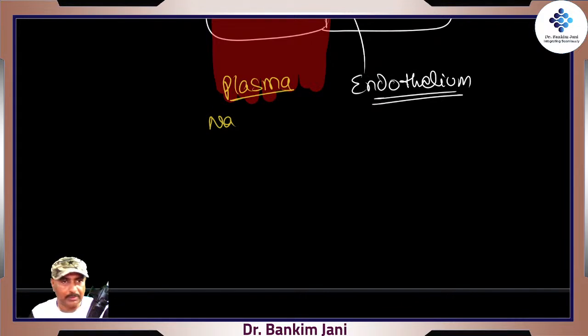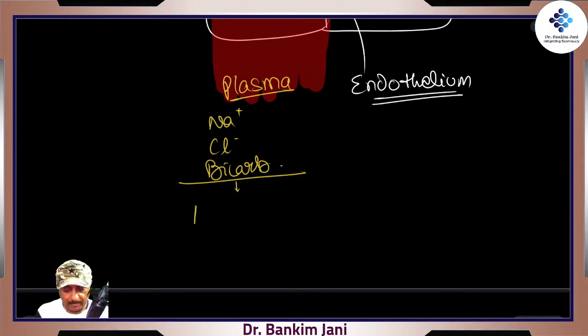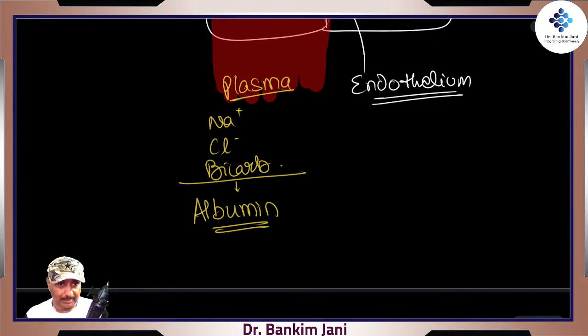There is sodium, there is chloride in the interstitial fluid. Up to that point, things are fine. There is sodium, chloride, bicarb, but plasma has something extra, and that is albumin. This albumin is a big one.